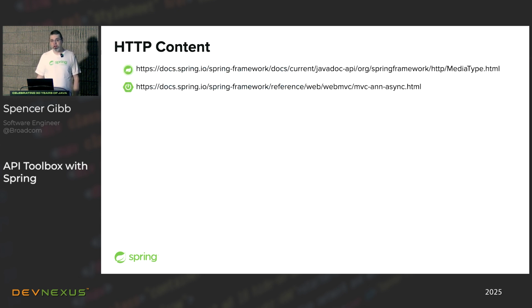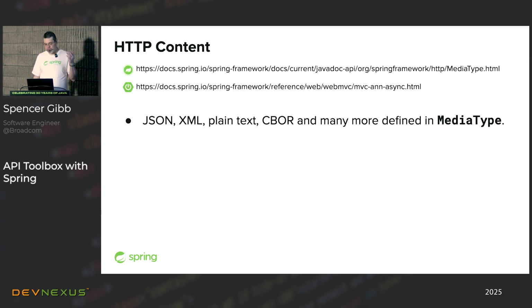You can handle all sorts of content in these, right? You have your typical JSON, that's kind of the default that everyone uses. But we have all sorts of types that can be handled in Spring Framework, whether it's plain text, or CBOR, which is a binary encoding.